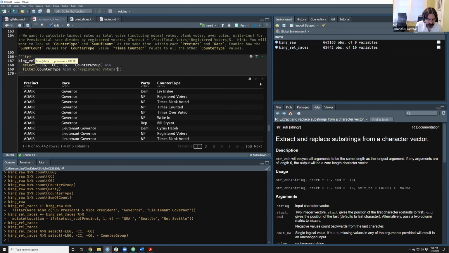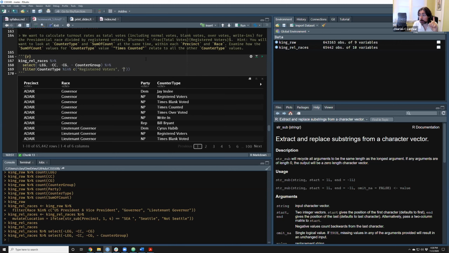That makes a lot of sense to me. So what do we want? We want the number of registered voters as a denominator, and as our numerator in this equation, we want the number of votes counted.